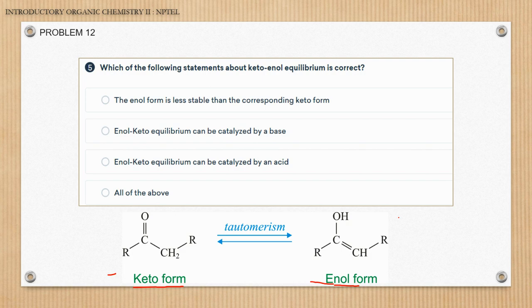So can anyone quickly tell me which is the correct option? Last option, option D. Because I have told you that the keto form is highly stable compared to the enol form. So this is the right option because the enol form is less stable. Keto-enol equilibrium can be catalyzed by base and acid.